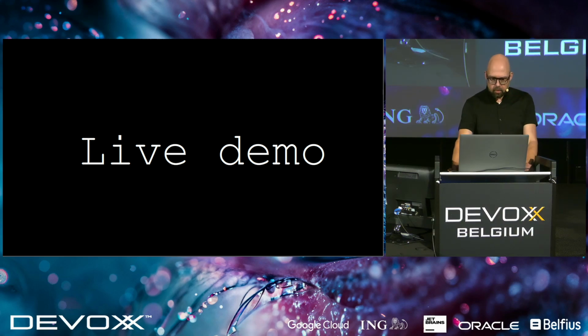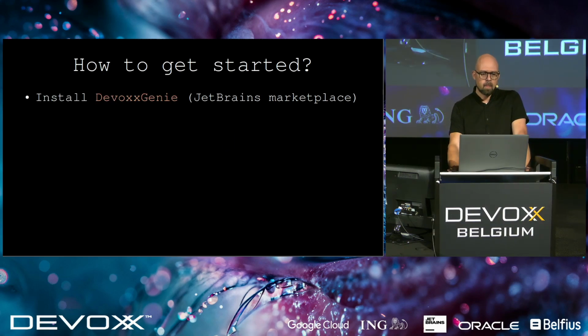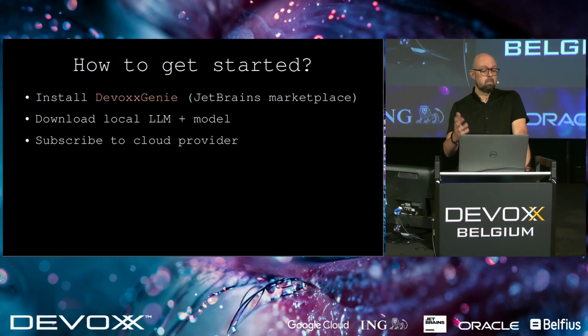Some final slides. How to get started with the Devoxx Genie plugin. You install the Devoxx Genie plugin via the JetBrains marketplace, so that's not so difficult. You download the local LLM and a model. You might subscribe to a cloud provider, they are quite good, and the pricing is also good.